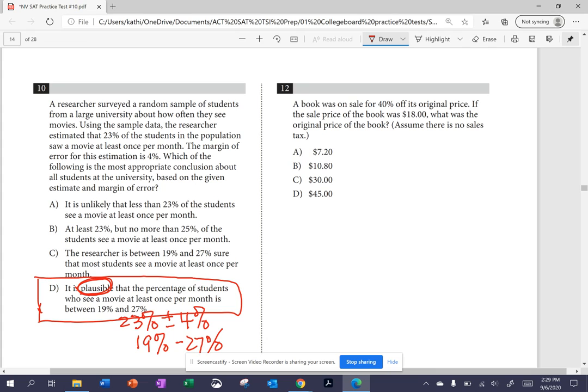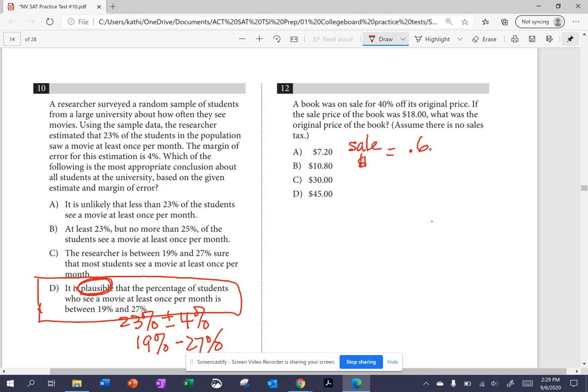A book was on sale for 40% off its original price. If the sale price of the book was $18, what was the original price of the book? Assume there is no sales tax. So I know my sale price is going to be how much I paid. So it was 40% off, so I paid 60%, but I don't use fractions.